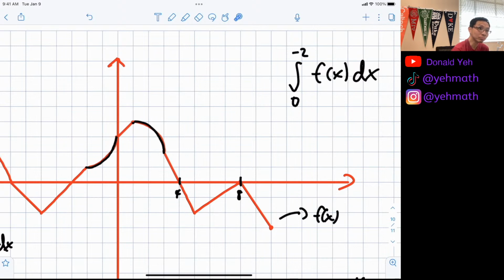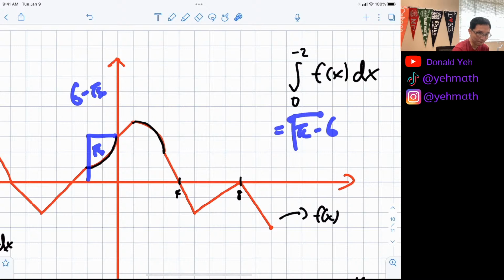I was going with maybe the area under. So this is just 6, so 6 minus pi. Wait. So it's pi minus 6. Why is it pi minus 6?